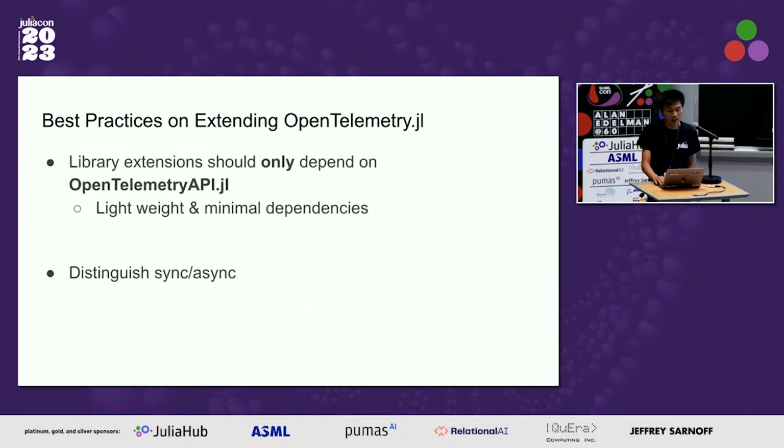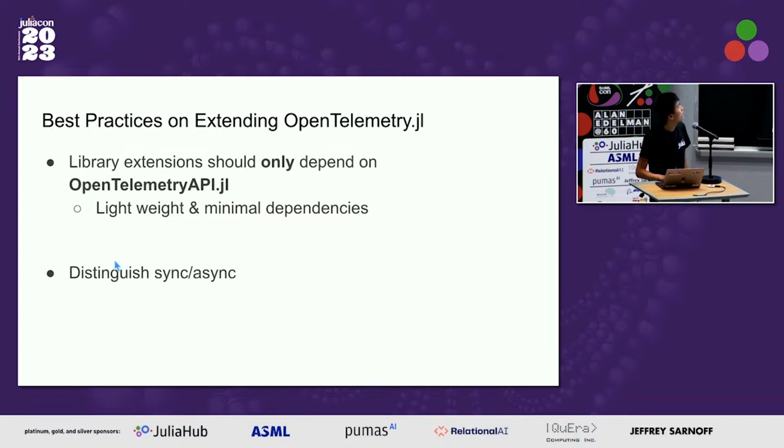Some best practices on extending OpenTelemetry.jl. People usually would like to contribute code first by adding package extensions. Extensions should only depend on OpenTelemetryAPI.jl, not only because it is lightweight with minimal dependencies, but also because the OpenTelemetry API follows an official specification and is quite stable.